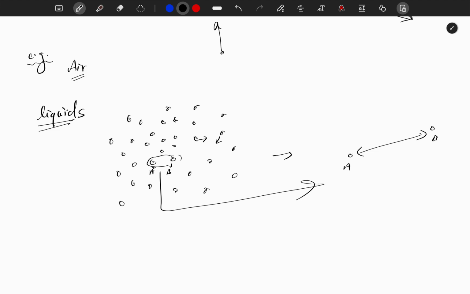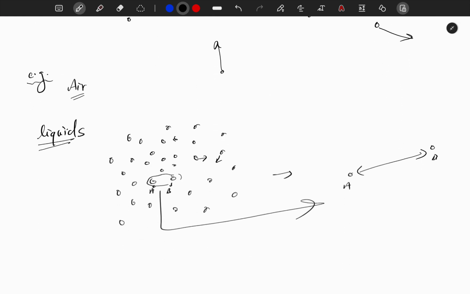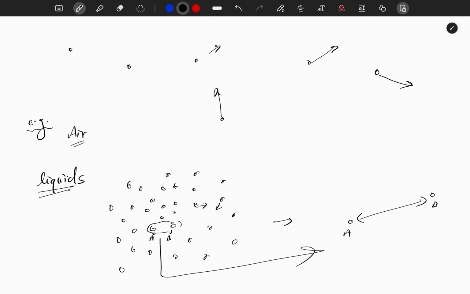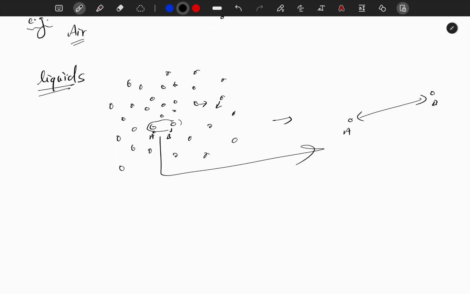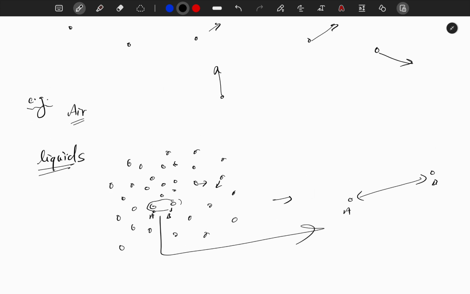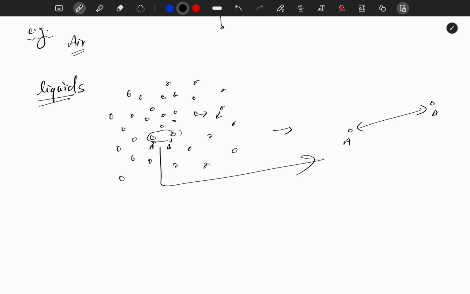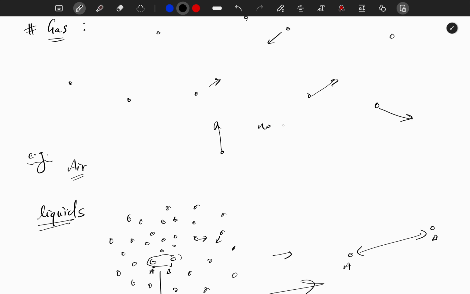Okay, so we see that in gases and in liquids the atoms or molecules of this matter move around freely. Okay, in liquids there is a stronger force than in the case of gas. That's why the liquids have some volume. But the gases have no definite volume, no shape.